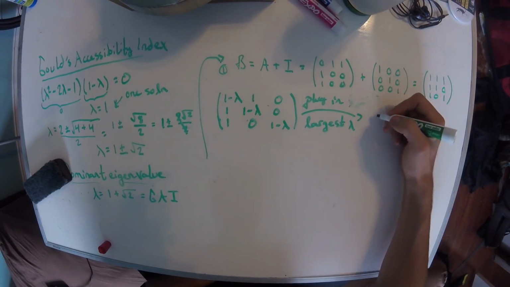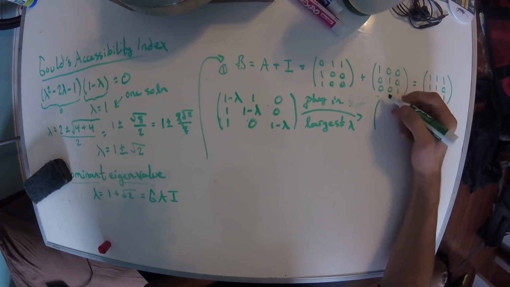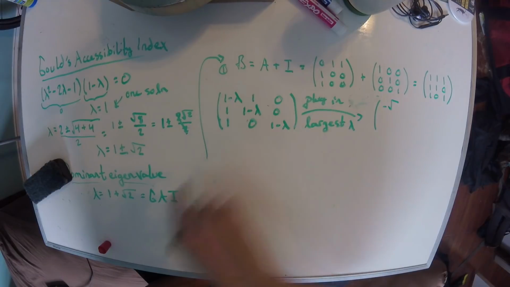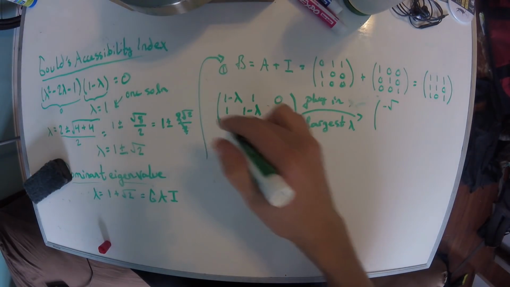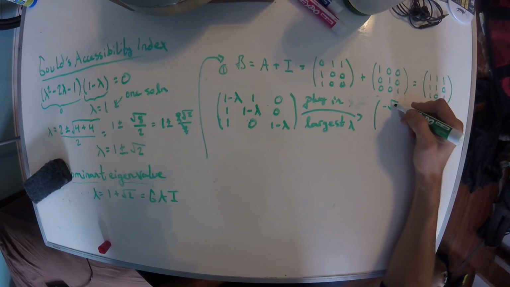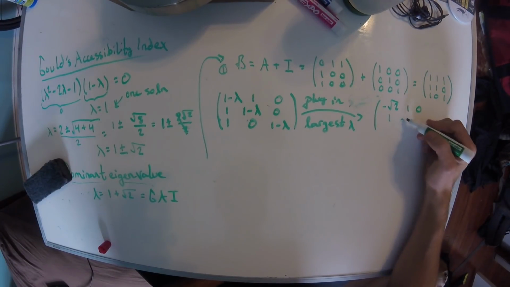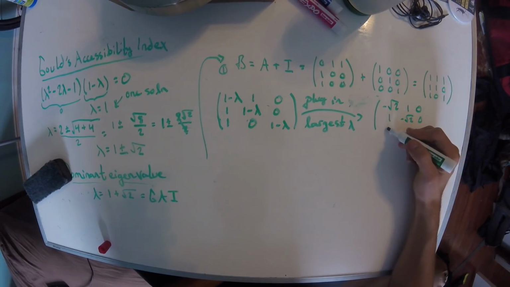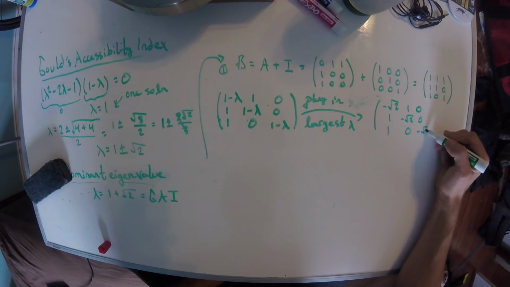So what we're going to get is minus root 2 for each of these elements, because 1 minus 1 plus root 2 is just going to be negative root 2 on all of those. So minus root 2, 1, 0, 1, minus root 2, 0, 1, 0, and minus root 2.